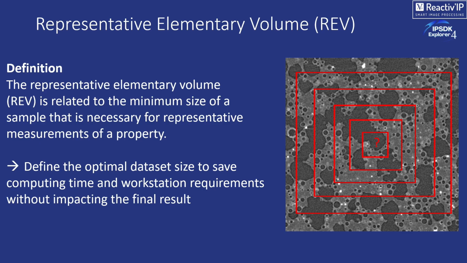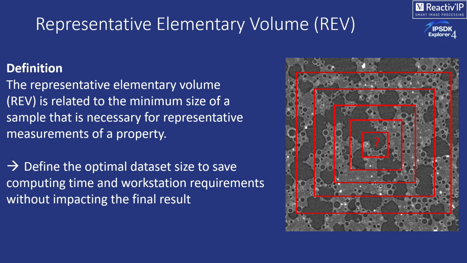And also taking into account that you don't always have the biggest machine in the world. So you want to save computation time. If you make a too big computation, it will take a lot of time, but it also needs a lot of hardware requirements. So that's the idea: which is a proper size, which will be the correct one. And this could be either because you haven't started the acquisition yet, so you want to optimize your acquisition.